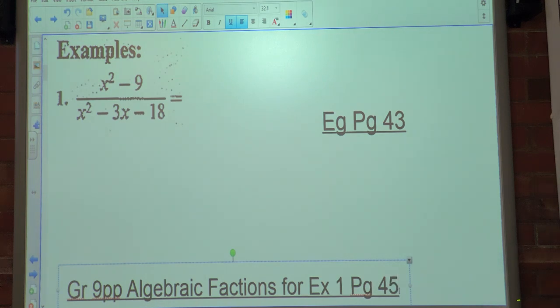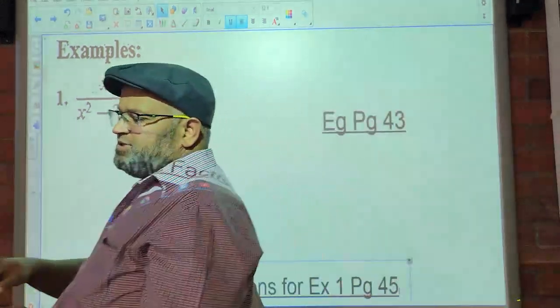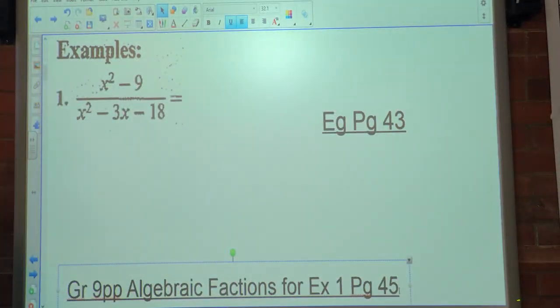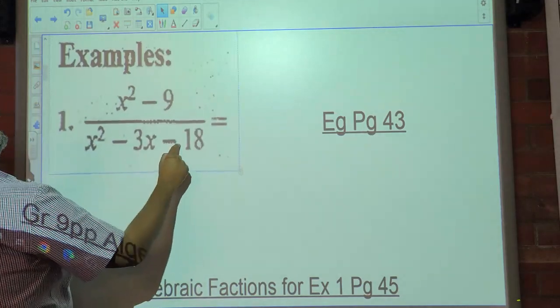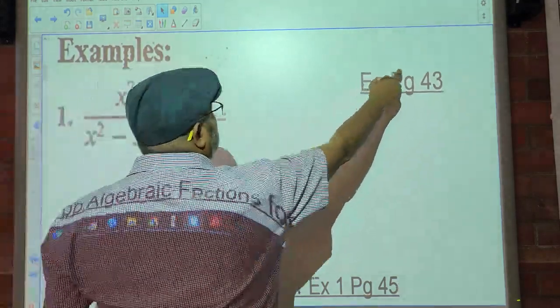Okay, people, we got x squared minus 9 over x squared minus 3x minus 18. So what did they say? What must we do first? Factorize the numerator and denominator. So factorize quickly the numerator and denominator.